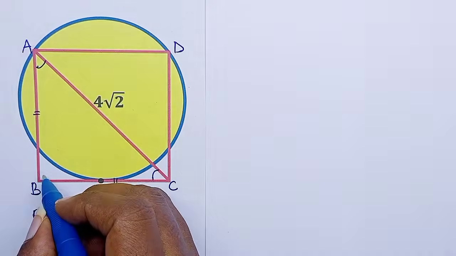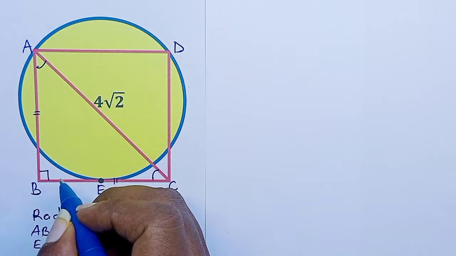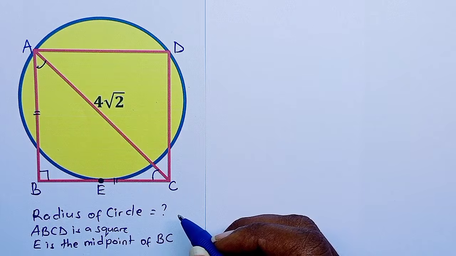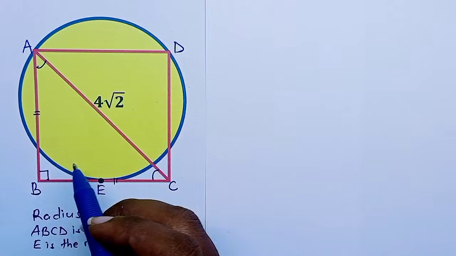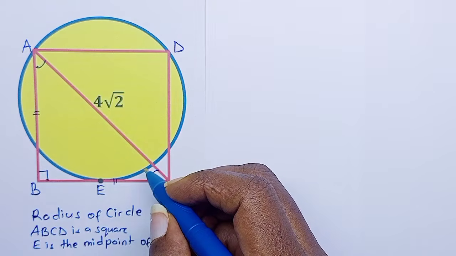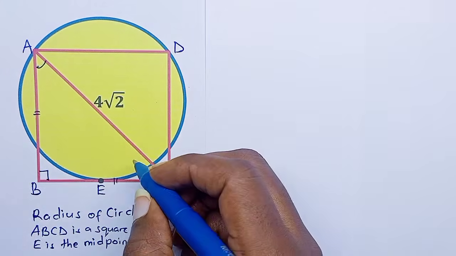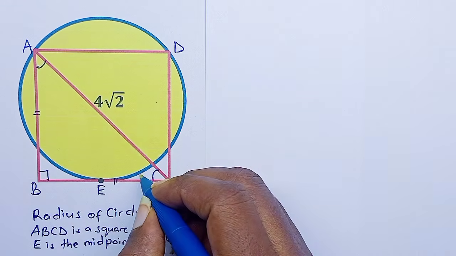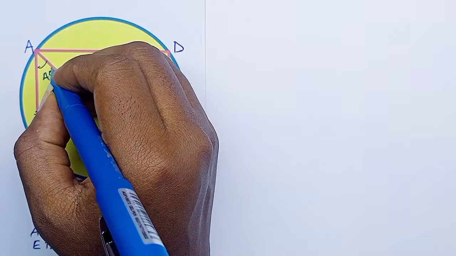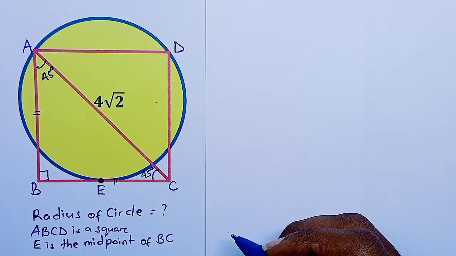Now we already know that this is 90 degrees because each interior angle of a square is 90 degrees. So since this is 90 and this angle is equal to this angle, that implies this is 45 and this is 45 to be able to make 180. So this angle is 45 degrees. Also this one is 45 degrees.